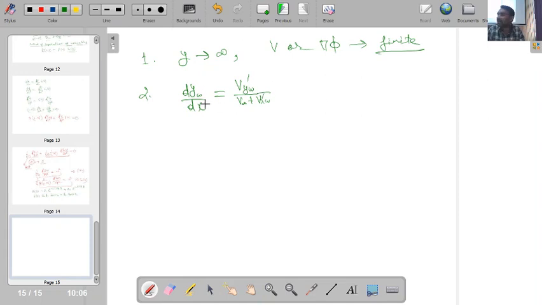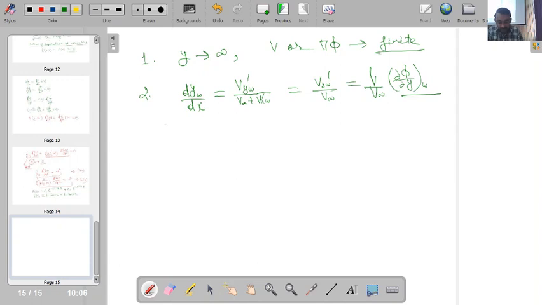The slope of the curve will be equal to the y component by the x component of the velocity. By making the assumption that vx dash is very small in comparison to v infinity, I get 1 by v infinity into vy dash, which I can write as del phi by del y when calculated at the wall.